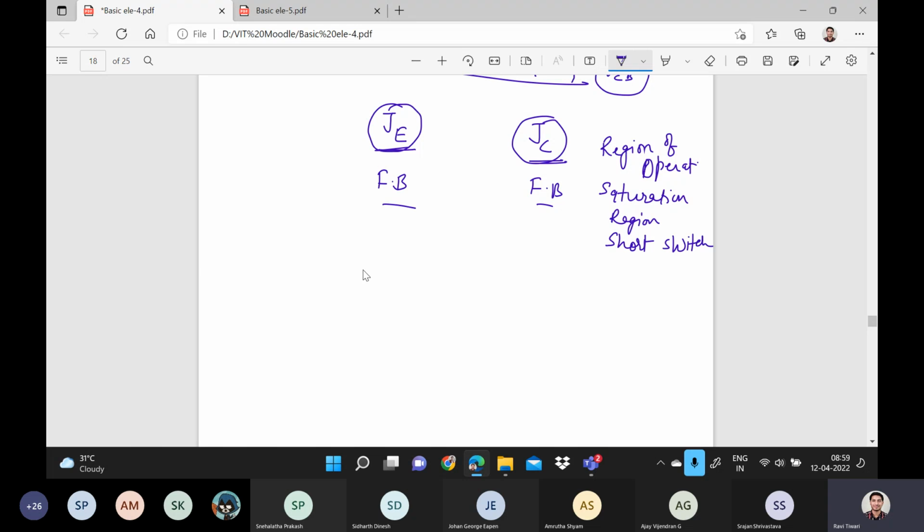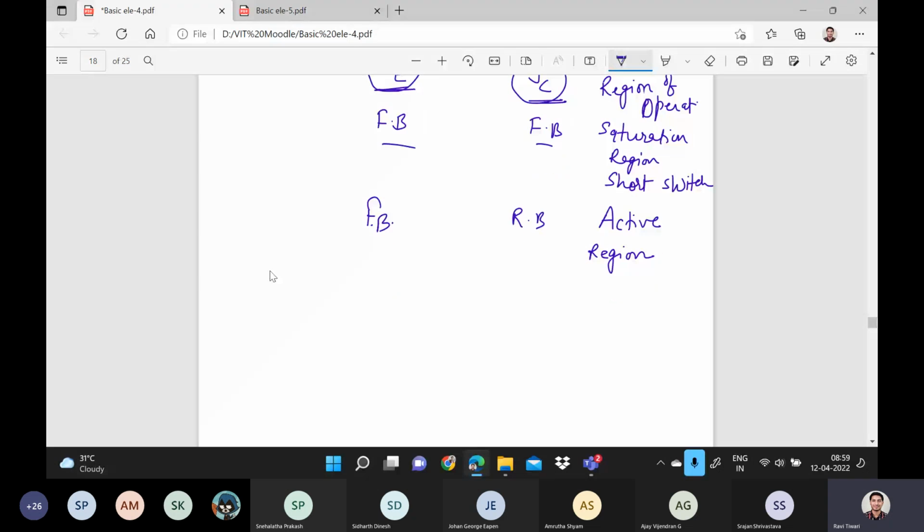In the next case, the emitter junction is forward biased and the collector junction is reverse biased. This is called the active region, and this is the more popular region. I will explain it in detail. The third possibility is that both are reverse biased.